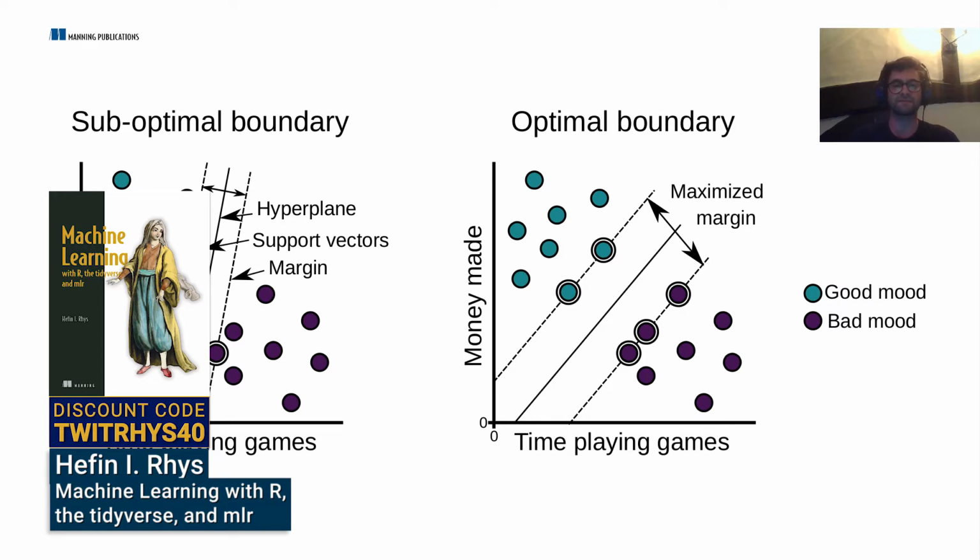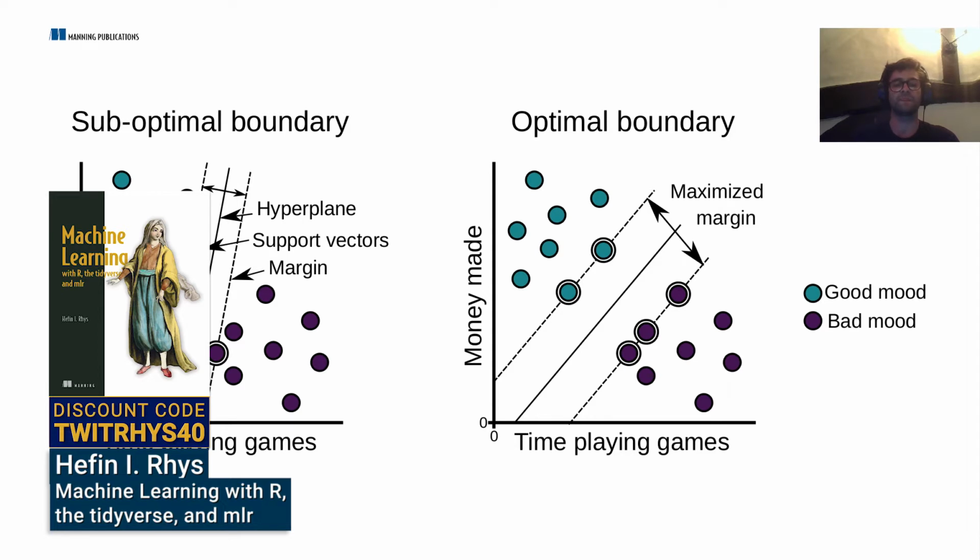This is a silly example that I've taken from my book, illustrating what support vector machine models aim to achieve. Support vector machines learn a hyperplane that extends through the feature space that best separates the different classes in your data set.